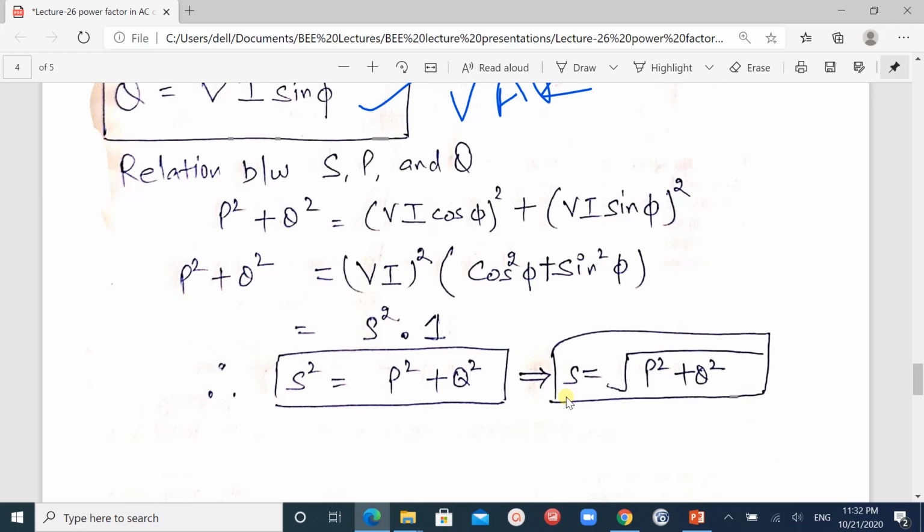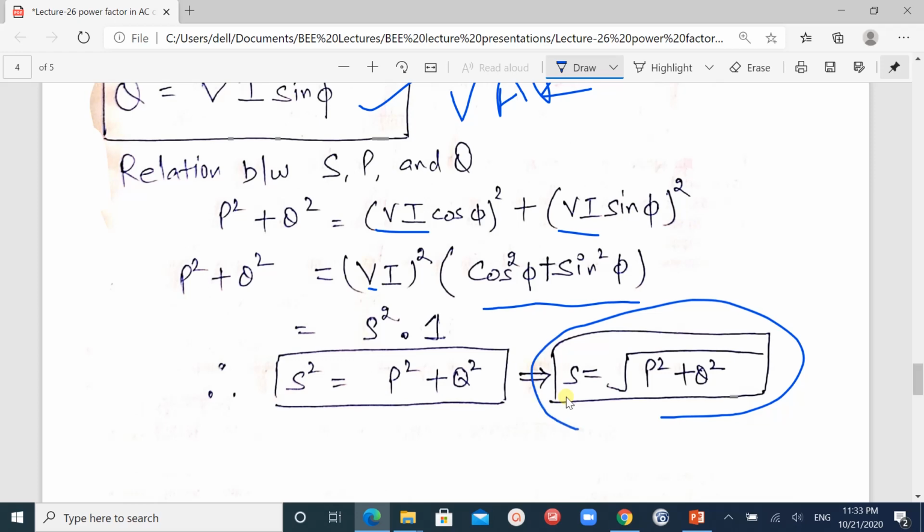When we solve this, VI is common in both the terms, and cos square phi plus sin square phi equals 1, and VI is S, so it will become S square into 1. Then S square equals P square plus Q square, or S equals under root P square plus Q square. So this is the relationship between the three powers.